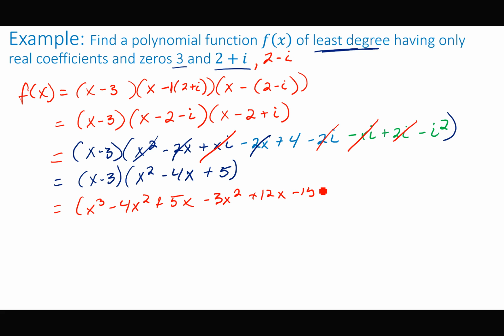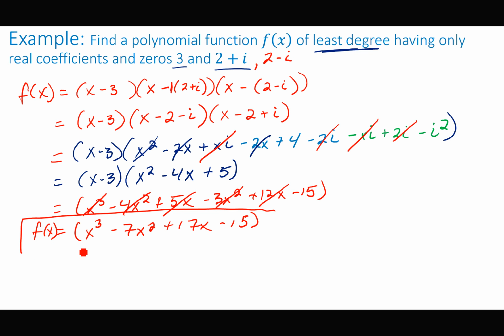And then minus 15. Simplifying this, x cubed, x squareds, I have negative 7 x squared, 5x, 12x, we have positive 17x, minus 15. There was no initial condition, so I'm going to stop right there. That is my polynomial.